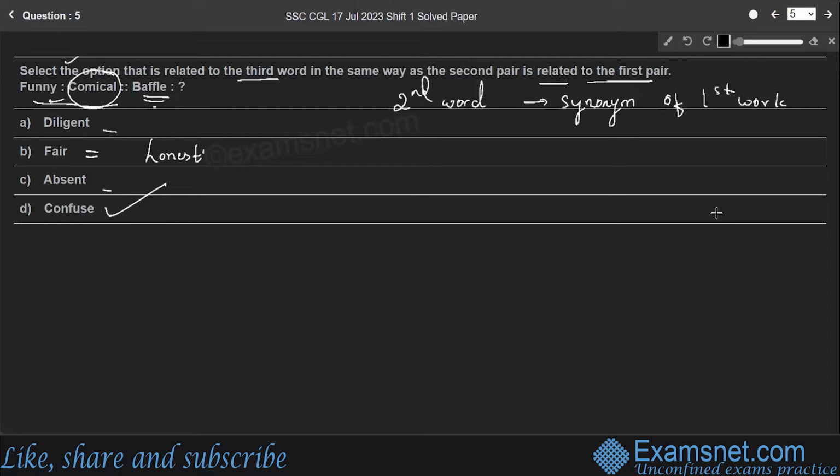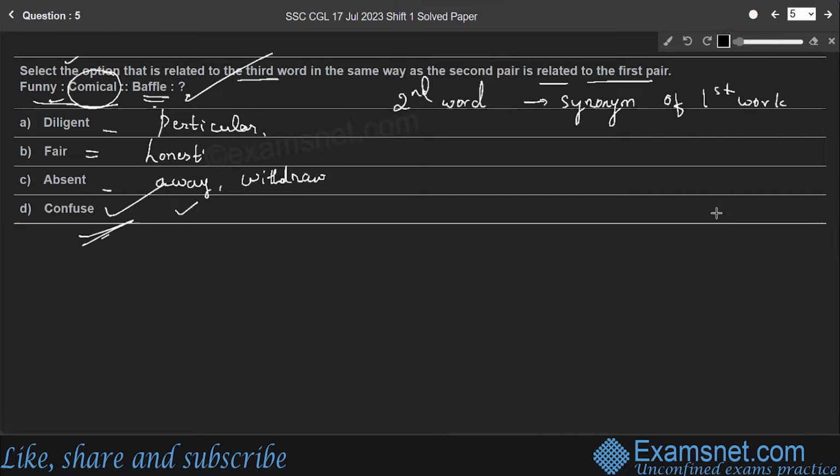Absent means not present somewhere, so the synonym is away or withdraw. Whereas diligent's synonym is particular or hardworking. Therefore, baffle is related to confuse, right? Option D is the right answer.